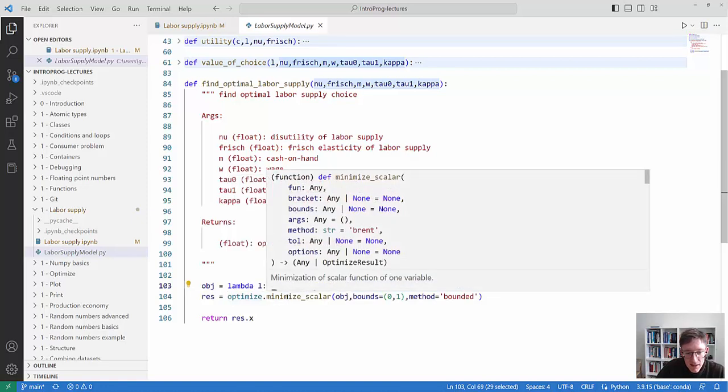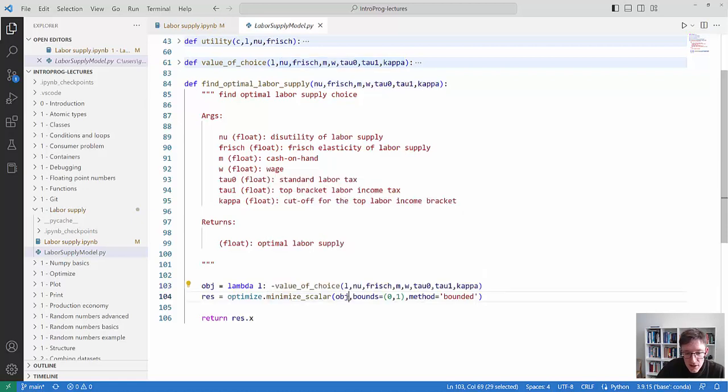It's using minimize scalar, which is a way to minimize a scalar function. So it takes this function, which is now only a function of the labor supply, and it minimizes this. That's why we have the negative in front here, and doing that within the bounds from 0 to 1, because I'm using the method called bounded here.